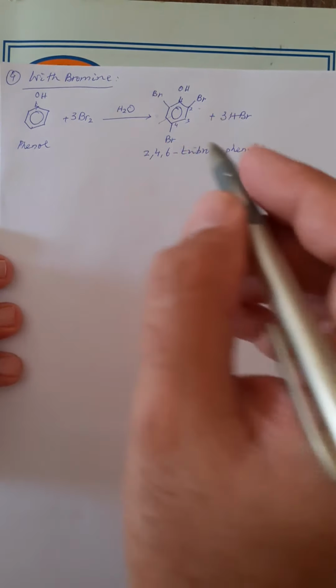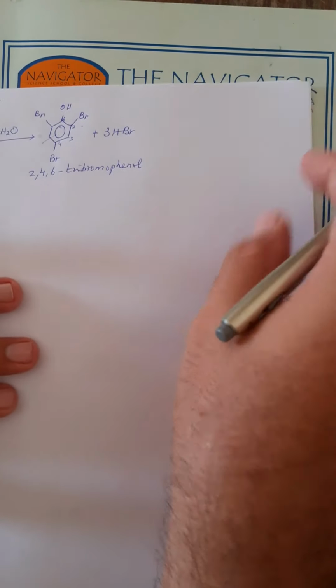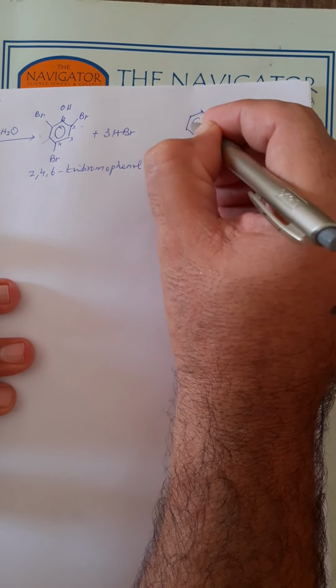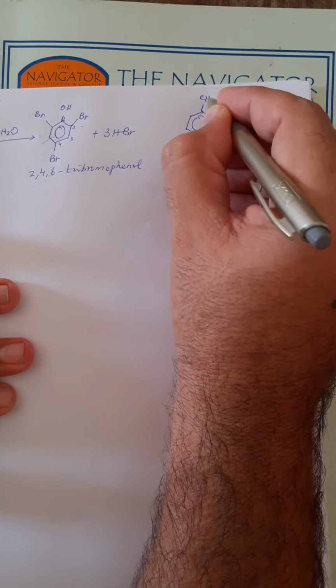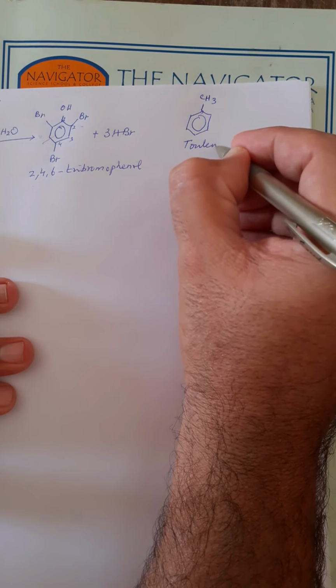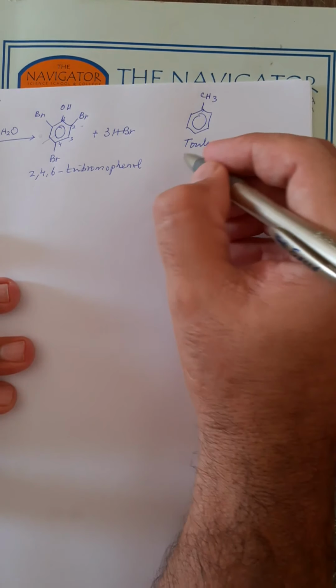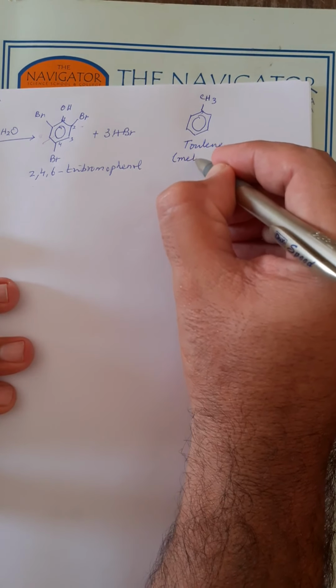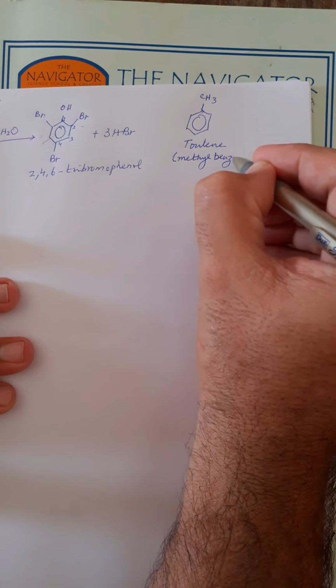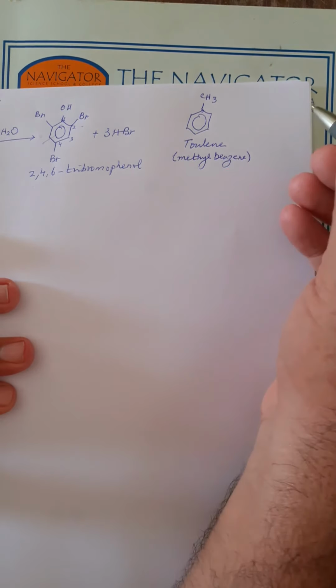Now, toluene is also a benzene derivative. It has a methyl group like this. It's called toluene, methylbenzene. Methylbenzene has the other name, toluene. I want to share this with you as well.